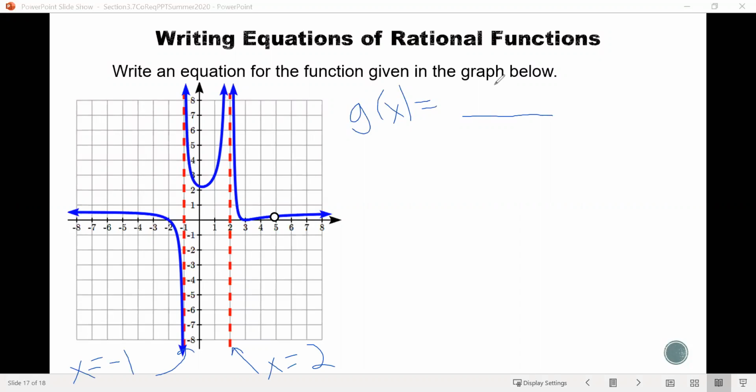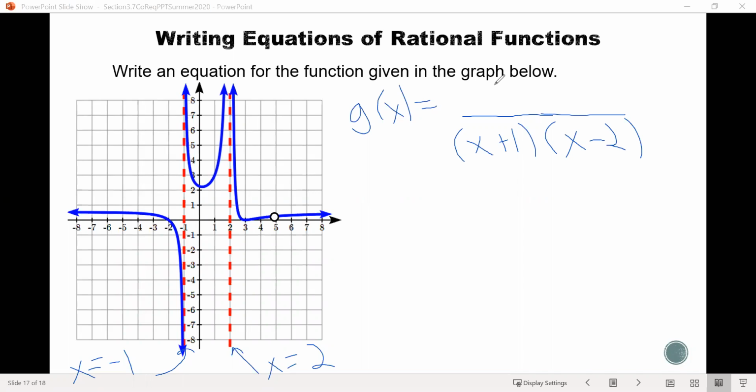So that tells us that in our equation here, we have to have factors that are made 0 by each of those numbers. So for the x equals -1, we'll have an x plus 1, since plugging -1 in there would give us a 0 in the denominator. And then at the x equals 2, we'll have x minus 2, since plugging in 2 for that would give us 0.